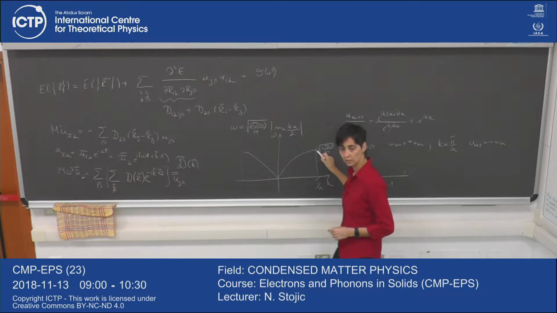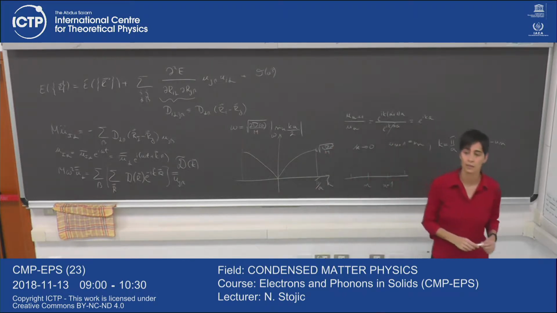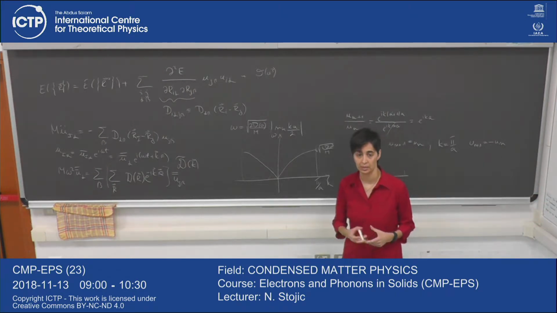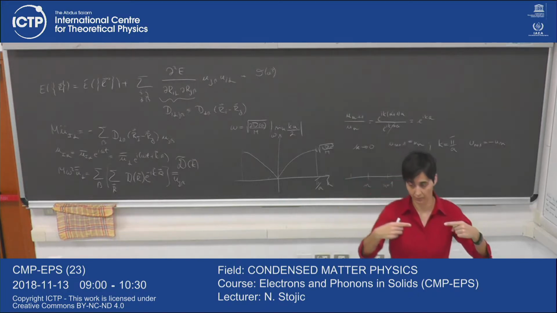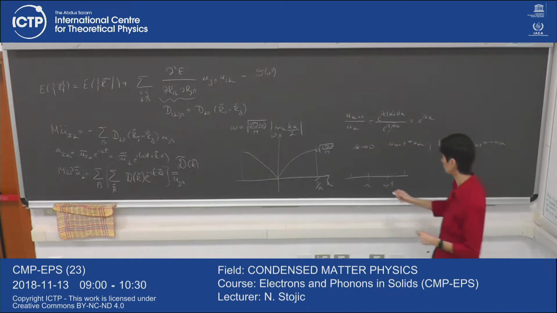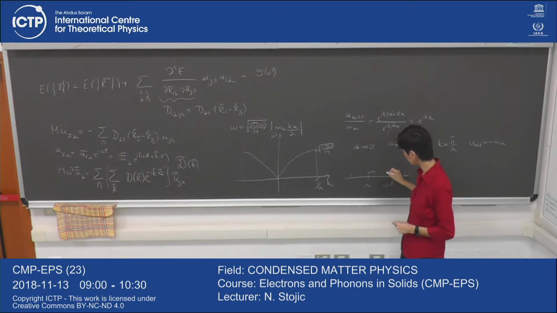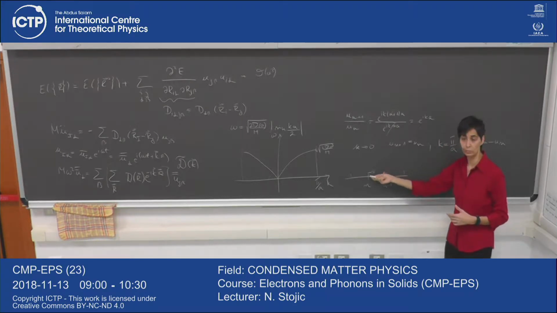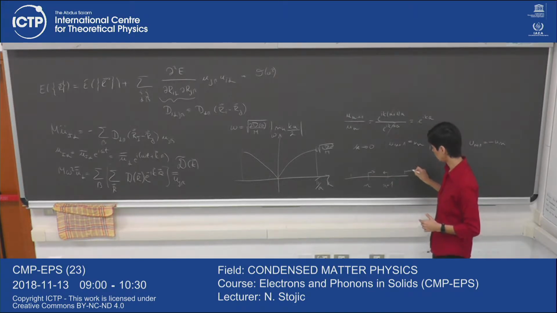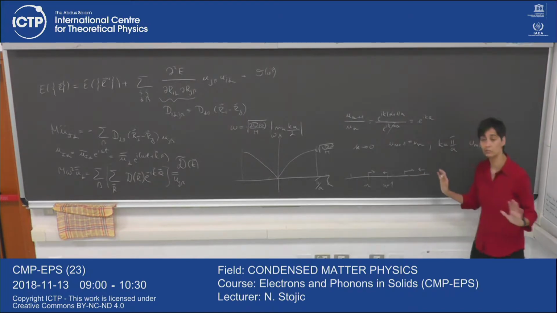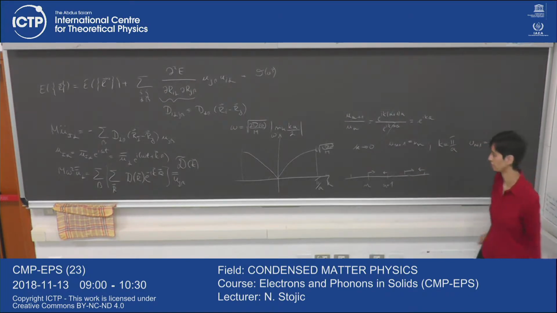So here, the zone edge movement of the acoustic mode is specified by the motion opposite to each other. So we have this guy moving here, this guy moving opposite, by the same amplitude. This guy is moving here and so on. We have only one mass. This is still a 1D chain.